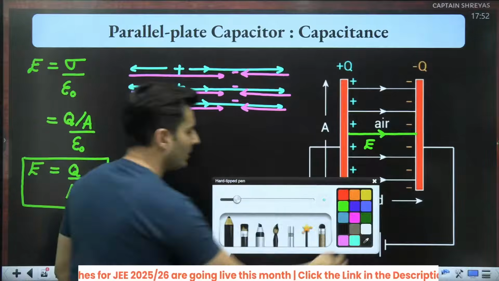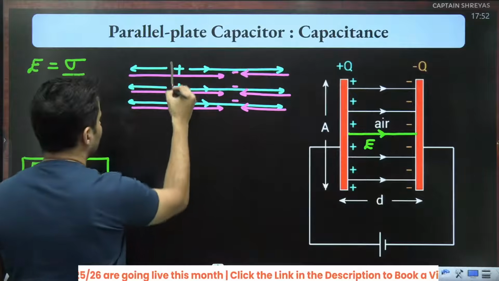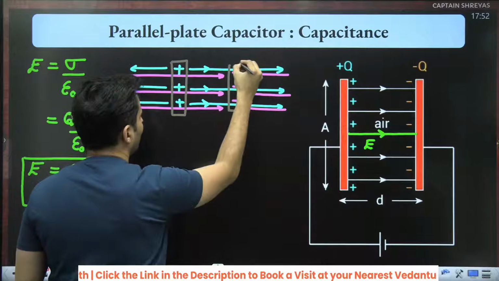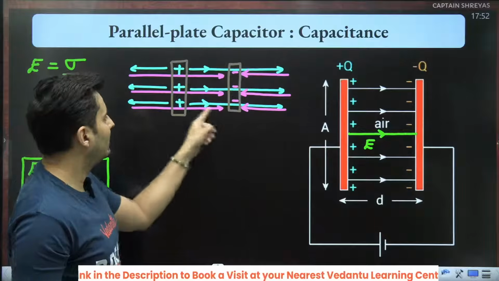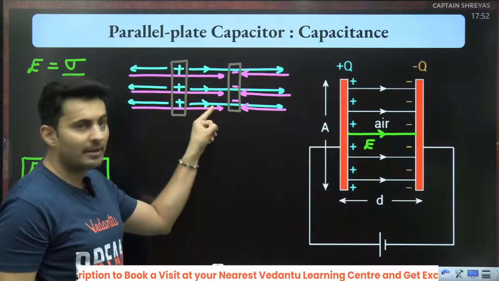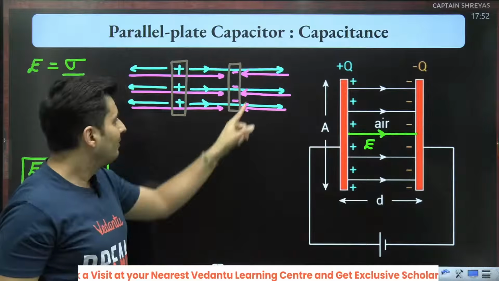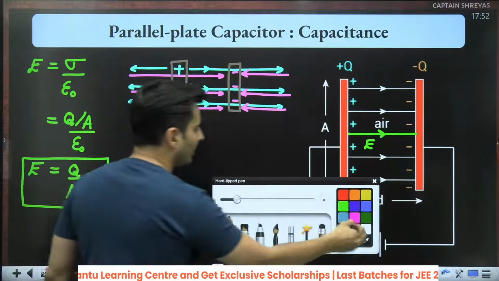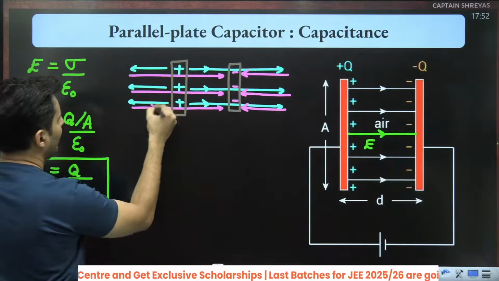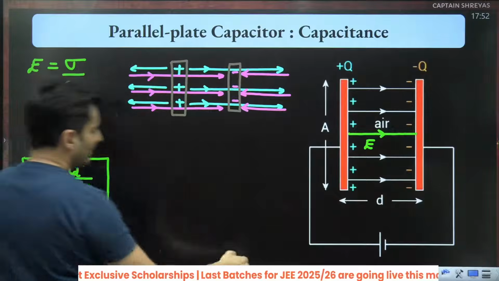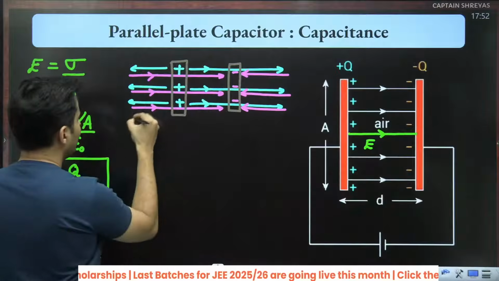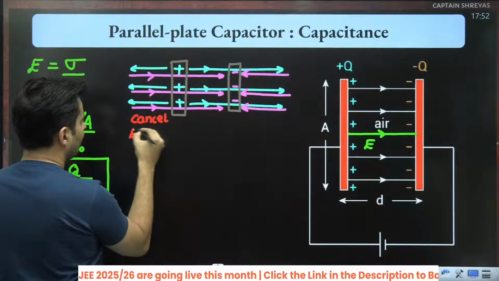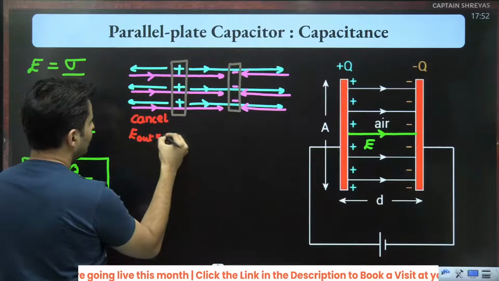Can you see that, my dear warriors? In between, this is one plane of charge, this is another plane of charge. In between the plates, the lines are in the same direction. That means they add. Whereas here, one is this way, one is other way. Observe it carefully. The pink line and the blue line, they are opposite. That means they cancel out.